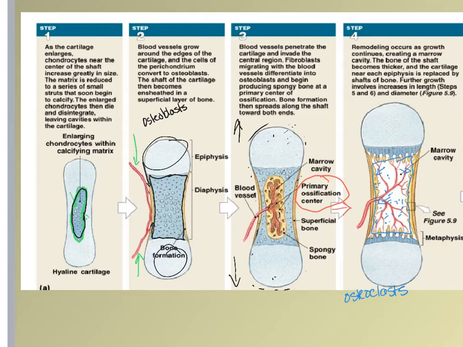You can see that the blood vessels that you see here in red are branching much more, and they are continuing towards those epiphyses, right? So as they do, they're bringing more osteoblasts, more osteoclasts, and you see also that the template has gotten larger and thicker.